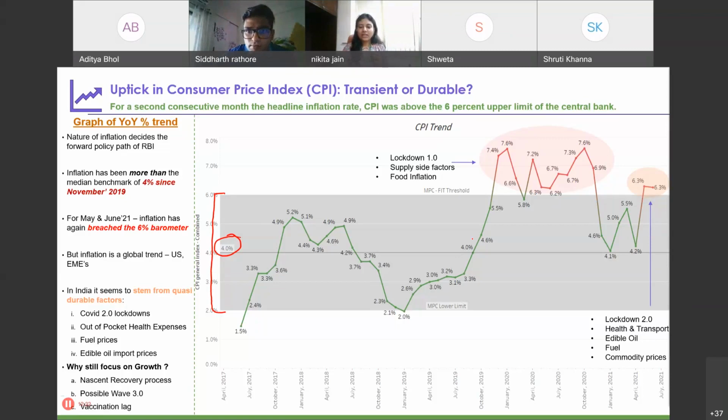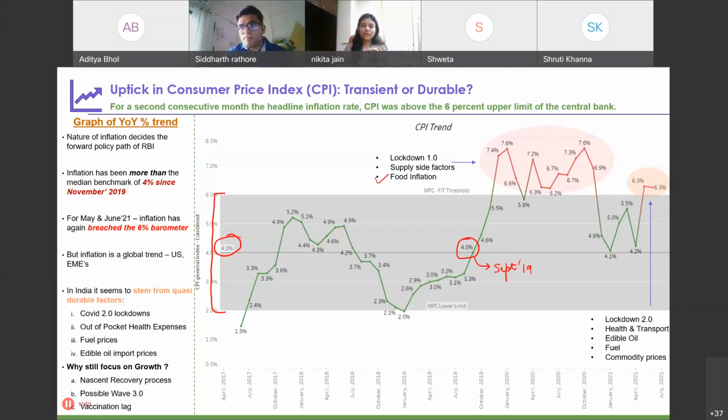In a few months, it did come down. But the factors behind this increase in inflation during the COVID-19 wave were mostly supply side factors and were considered to be transitory in nature. Another factor was food inflation, which was a major factor during that period. But we're not analyzing that phase.